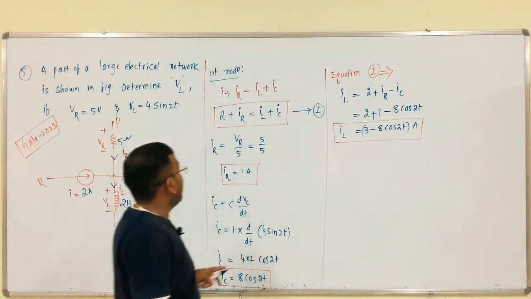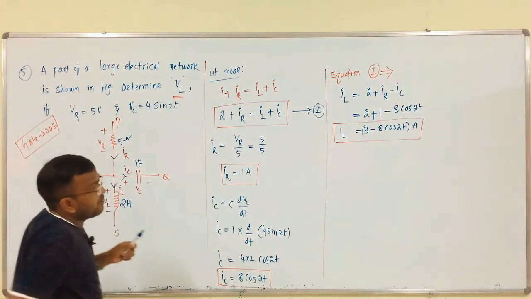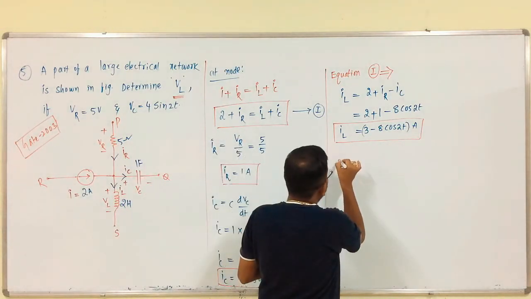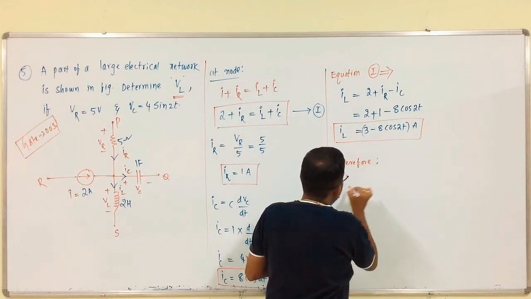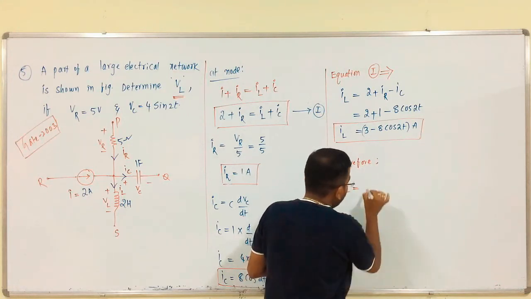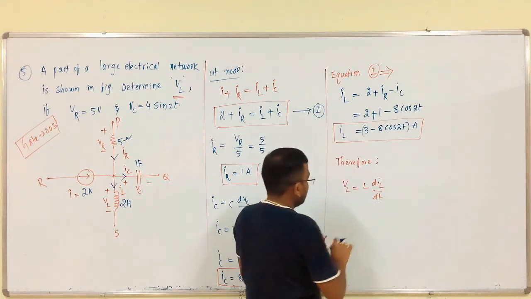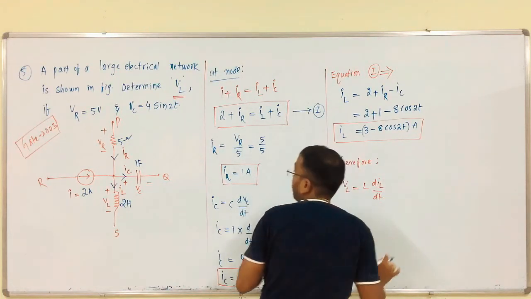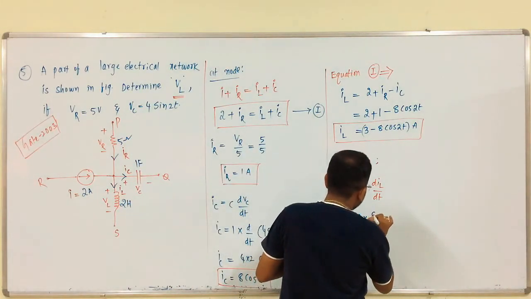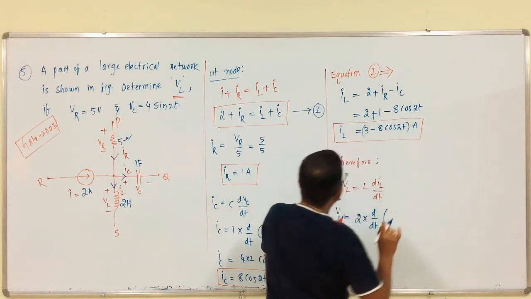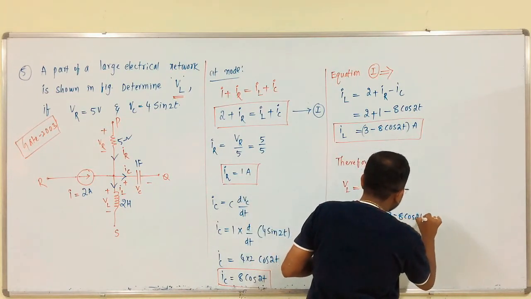Now, we have to determine VL, the voltage across the inductor. Therefore, VL is equal to, we all know, L into dIL by dt, right. What is the value of L? It is 2 henry. So, 2 into d by dt of IL, that is 3 minus 8 cos 2t.